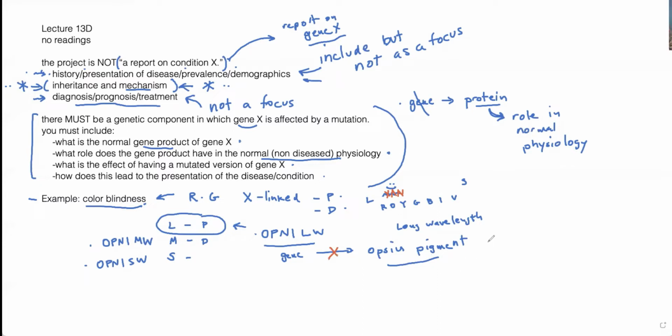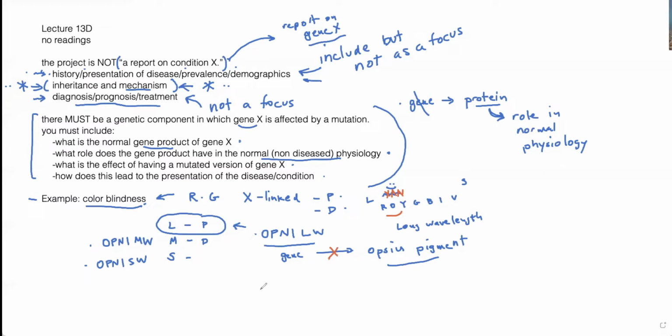And that's in a nutshell kind of how you could track what's going on from a gene. And its normal gene product allows us to see in these wavelengths. If you don't have that gene product, you're not producing the pigment and you're not seeing those wavelengths. Things are not going to appear red or orange or yellow to you, okay?